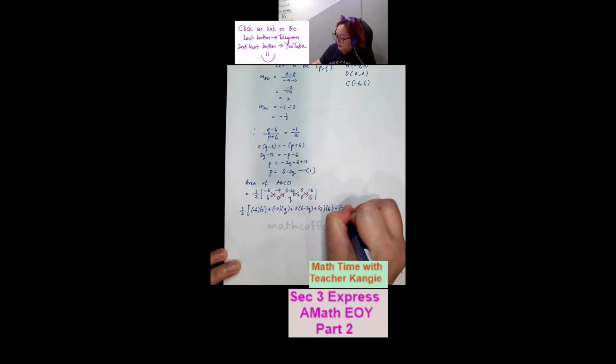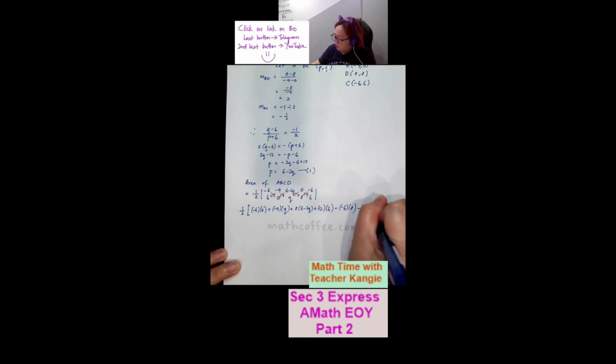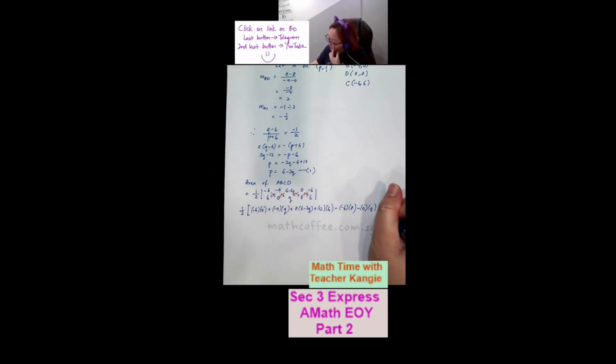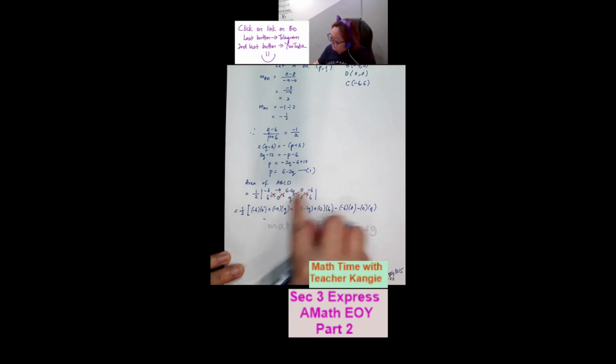Minus negative 8 minus 0Q minus, I'm going to just put equal first, minus 6 minus 2Q minus negative 4 and 6. This is the area in terms of P and in terms of Q, correct?